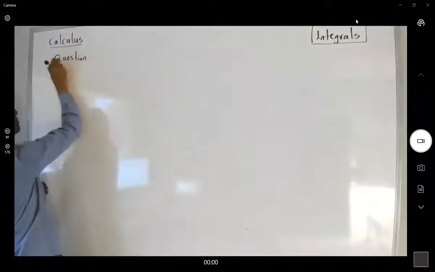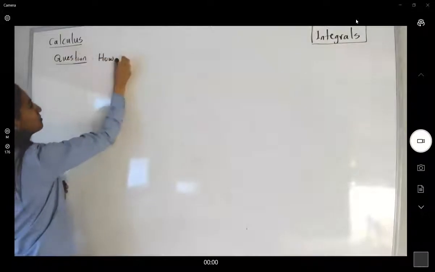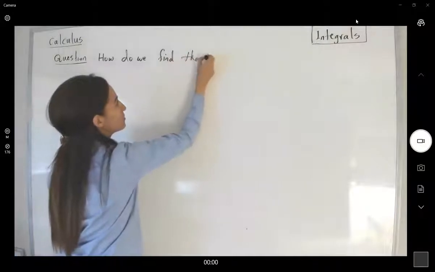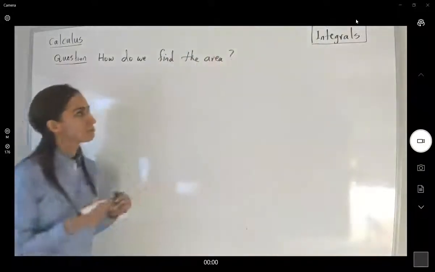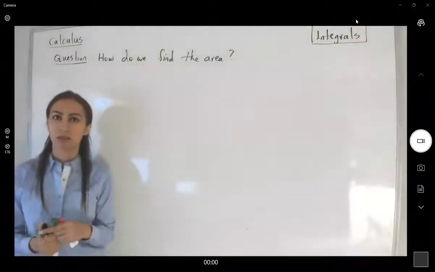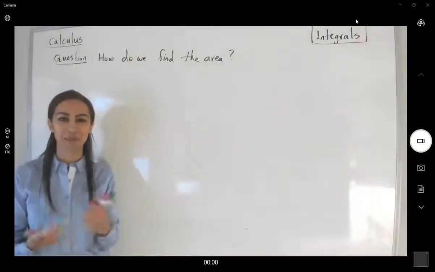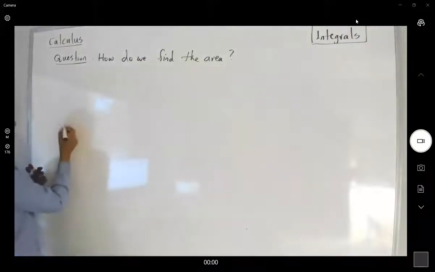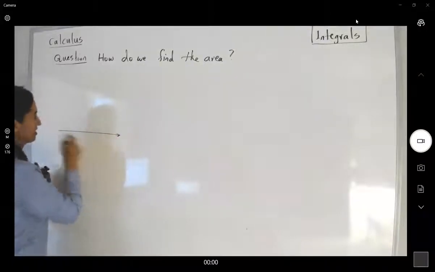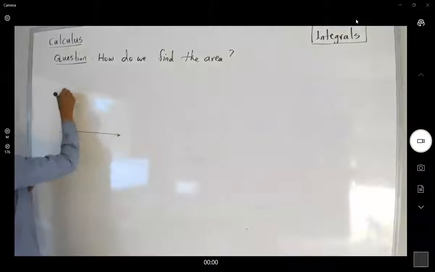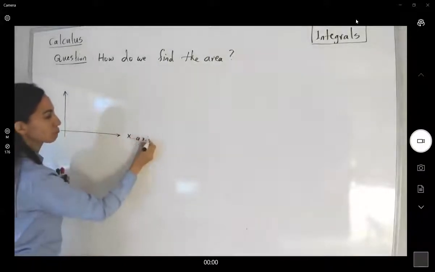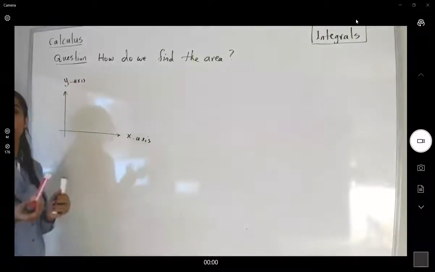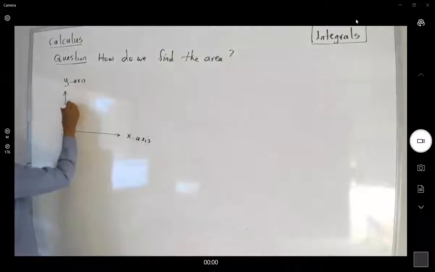Question. How do we find the area? Okay. So depending on the object that we have, we follow some formulas. Suppose we have just a rectangle. You have your x-axis, you have your y-axis, and you're going to just fit this rectangle here.